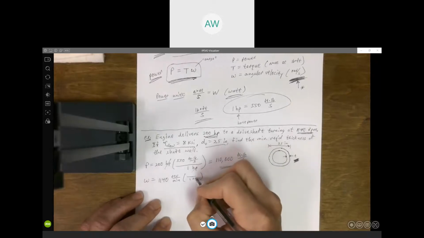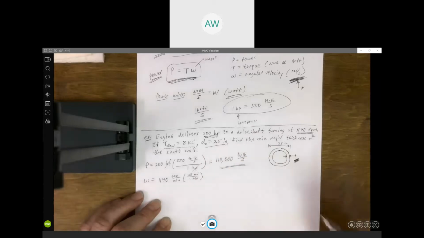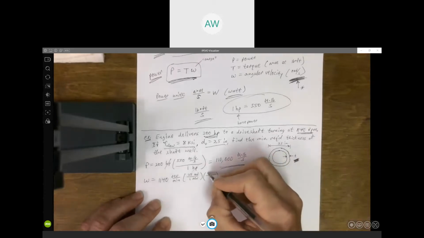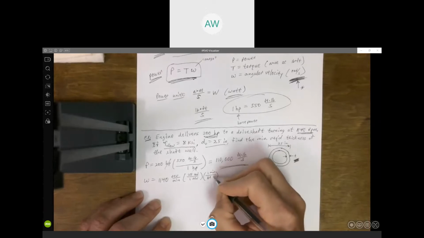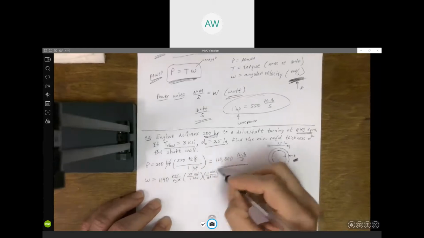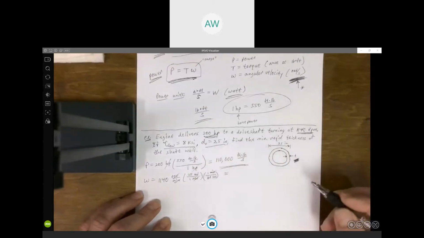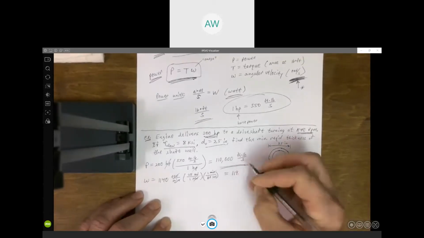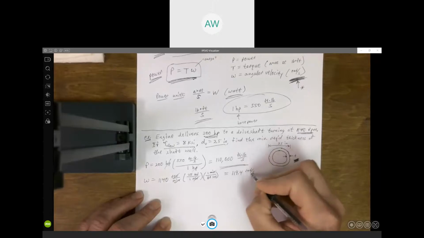Well, 1 revolution is 2 pi radians. 1 revolution, 360 degrees, or 2 pi radians. And we need to get minutes to seconds: 1 minute is 60 seconds. If we multiply this out, we'll now have our angular velocity in radians per second. Minutes cancel, revolutions cancel, we've got radians per second. I got 119.4 radians per second.